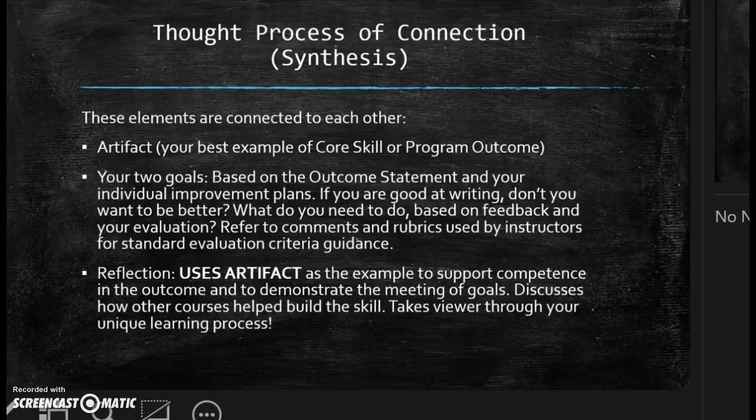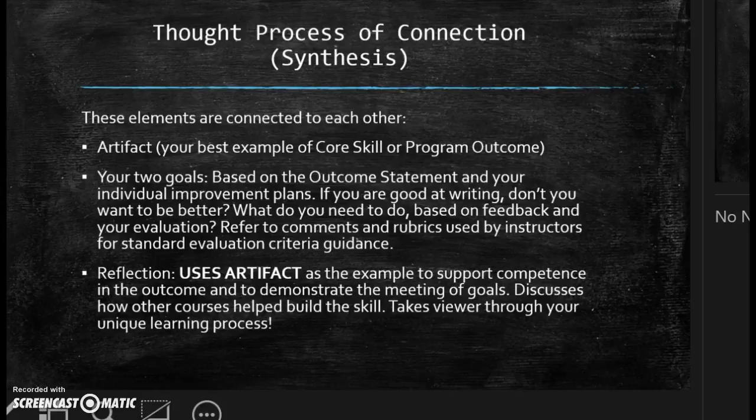You can refer to evaluations and rubrics that you've received in the past, and rubrics are even good to get standards, because the standards that you use to evaluate your artifacts need to be based on evaluation criteria that are mostly used for those particular kinds of assignments.